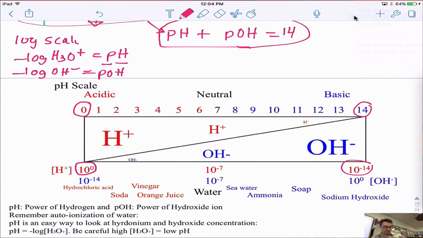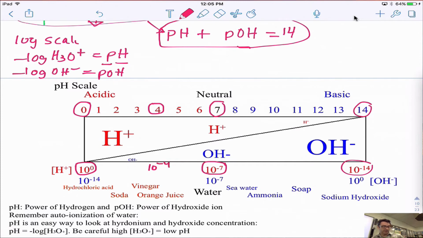If I'm somewhere in between, if I'm at pH 7, well then my H plus is 10 to the negative 7. And we could go in between any of these. If I had a pH of 4, my H plus would be 10 to the negative 4.